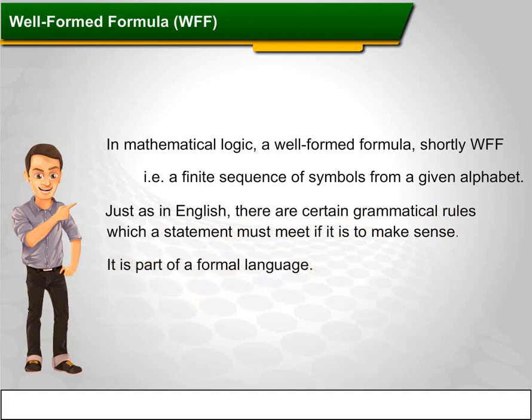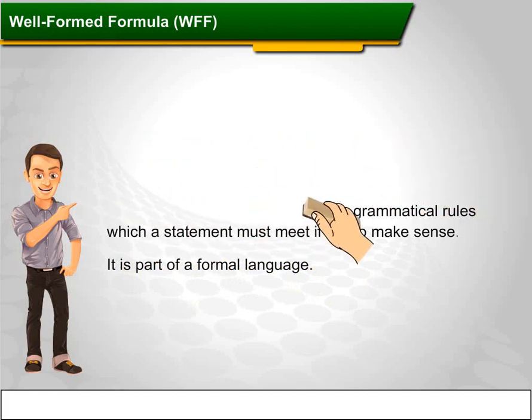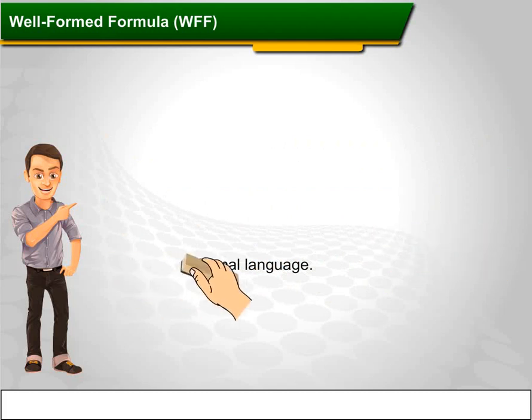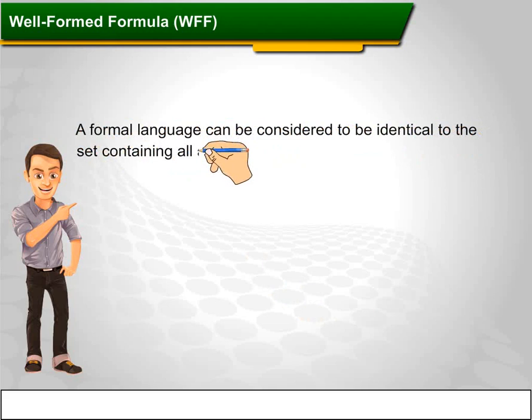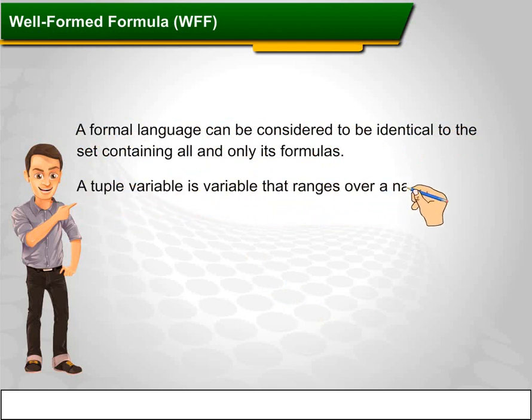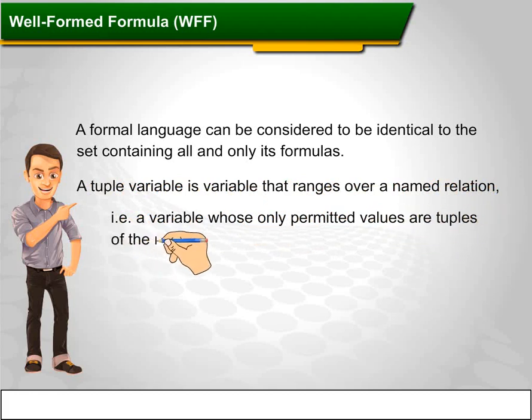It is a part of a formal language. A formal language can be considered identical to the set containing all and only its formulae. A tuple variable is a variable that ranges over a named relation, that is, a variable whose only permitted values are tuples of the relation.